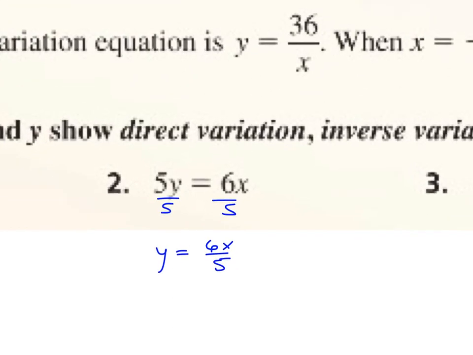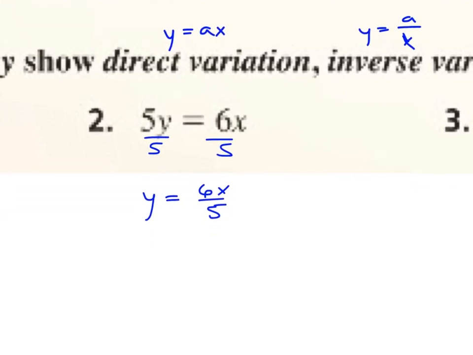So just a reminder, direct variation is when we have a number being multiplied to x, so y is equal to a times x. Inverse variation is when we're dividing a constant by x, so y is equal to a over x. It's direct because, well, 6 over 5 is actually being multiplied to x.